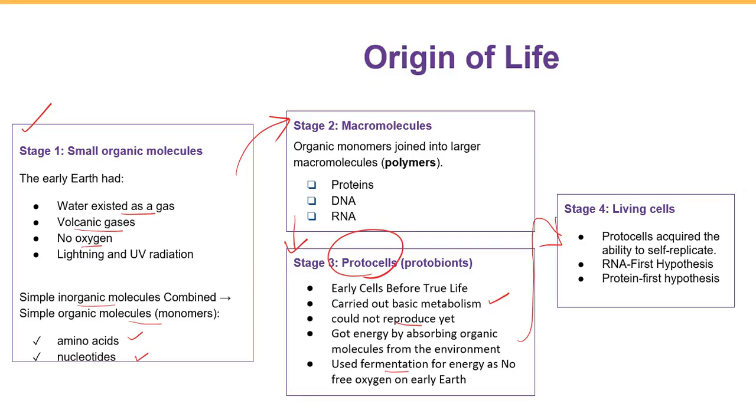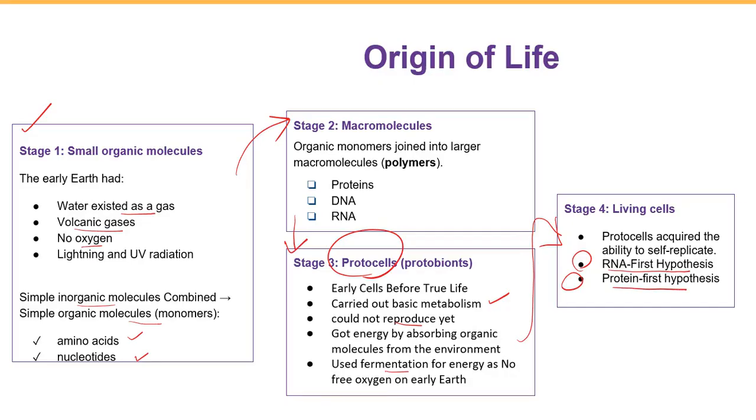These first cells were simple, anaerobic cells that lived without oxygen. Scientists have two major hypotheses for how the first living cell formed: the RNA first hypothesis and the protein first hypothesis.